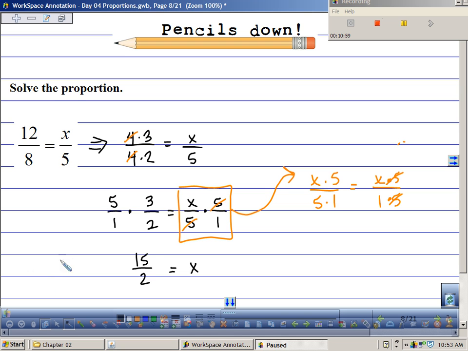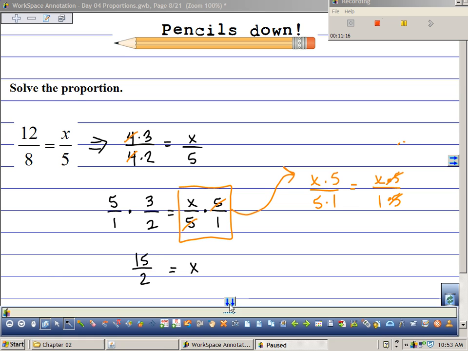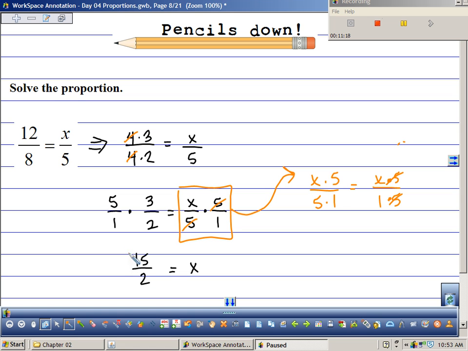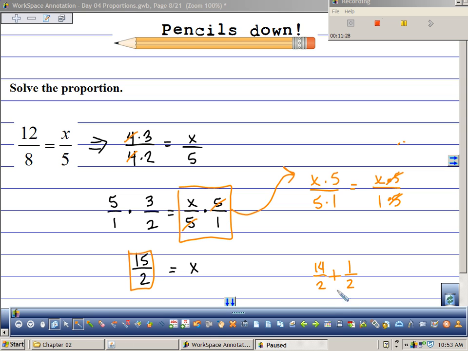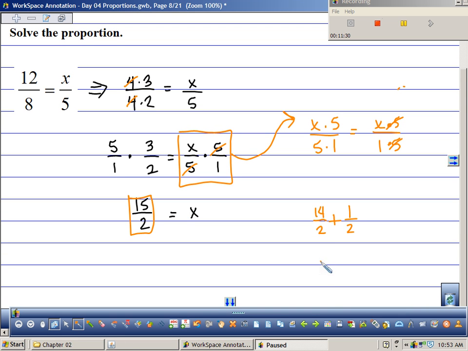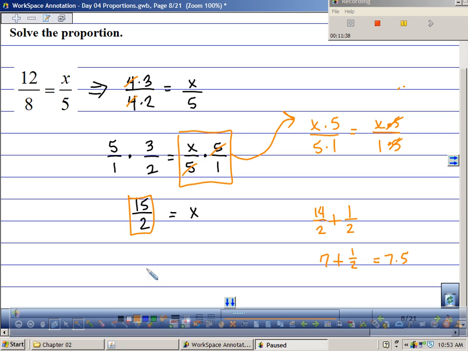Isn't 15 over 2 14 over 2 plus 1 over 2? Isn't this 7 plus a half, which is 7.5? Right?